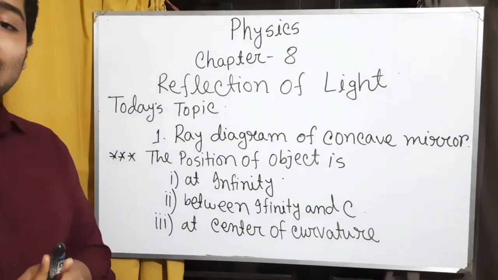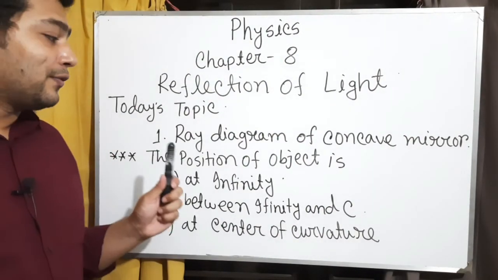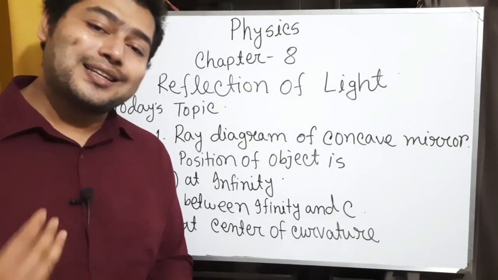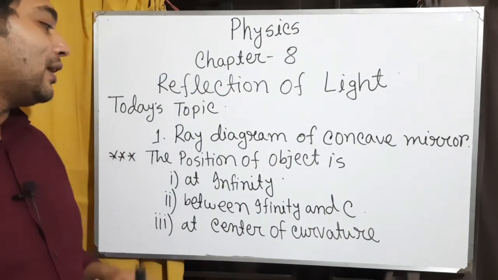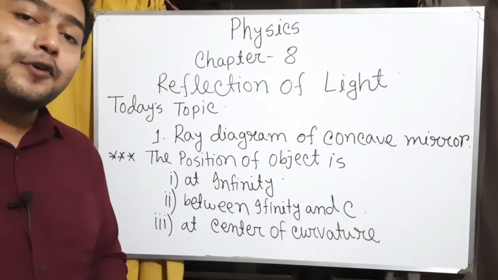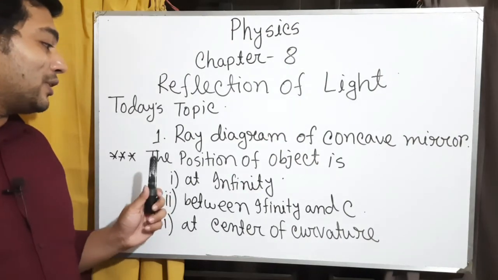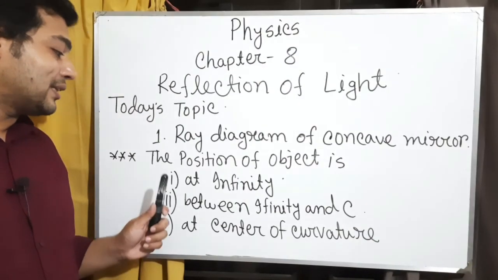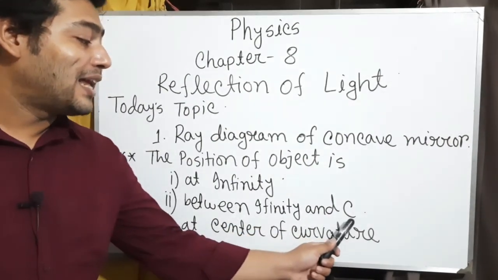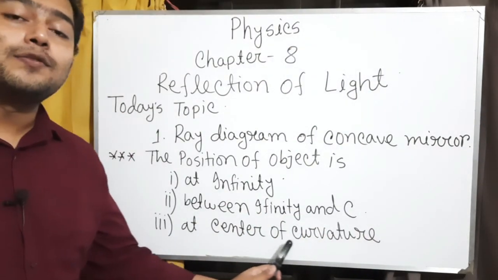In this lecture I will discuss the image for 3 positions of object, and in our next class we will discuss another 3 positions of object for ray diagram. Today's positions of object are at infinity, between infinity and center of curvature C, and at center of curvature.